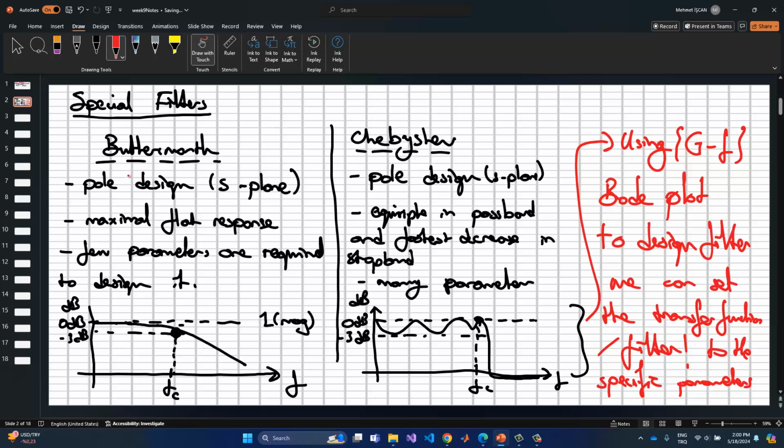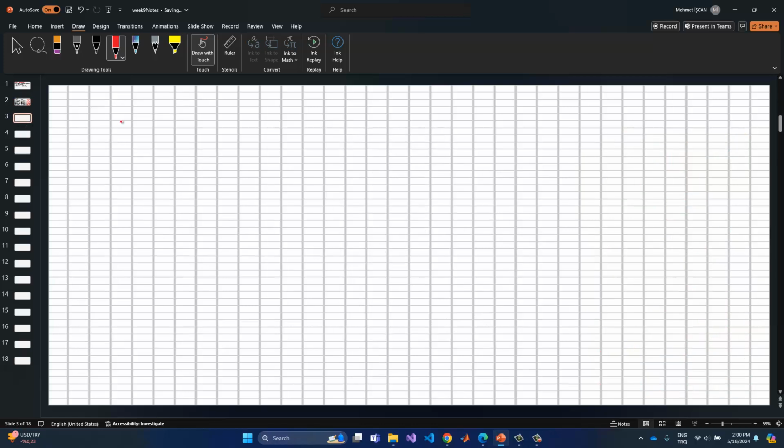These are the most known digital filters in the analog and discrete domain, guys, okay?